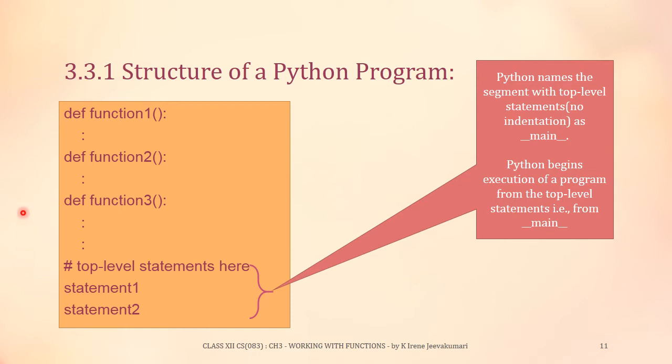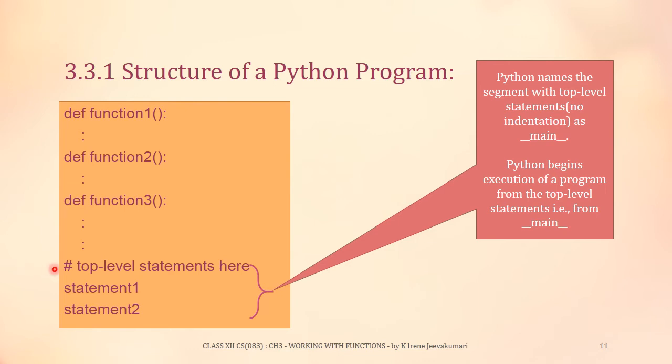Now let us see the structure of a Python program. A Python program can have any number of function definitions and any number of statements. This structure has three function definitions. All three function definition headers start from the margin, but their bodies are indented.